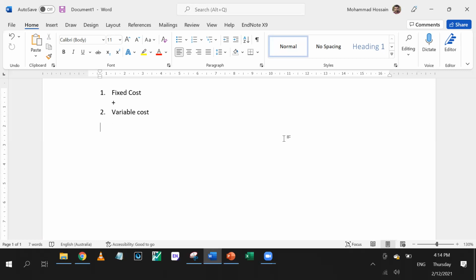How about exit? Exit means you leave the business and are gone. If the price goes below average variable cost, the firm should leave the market, exit the market.